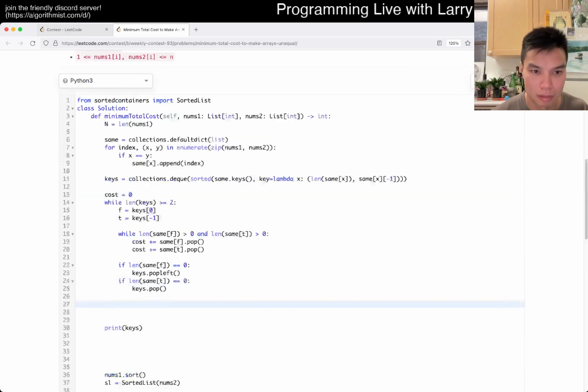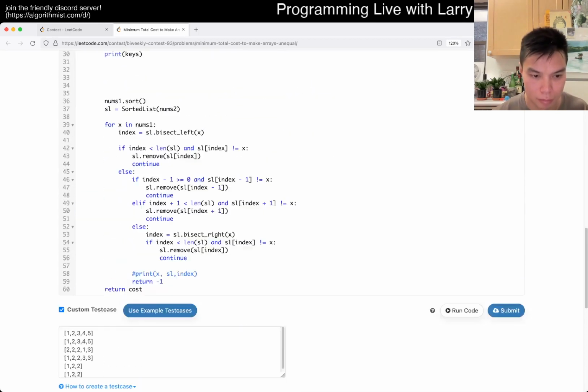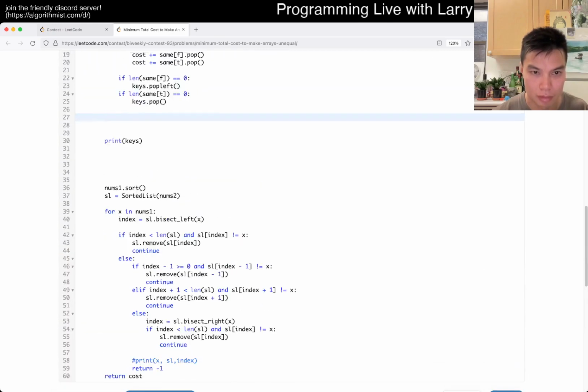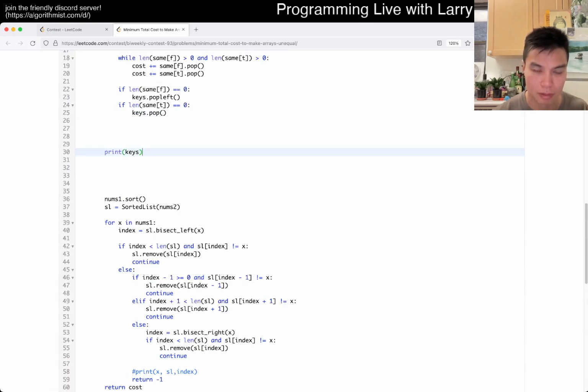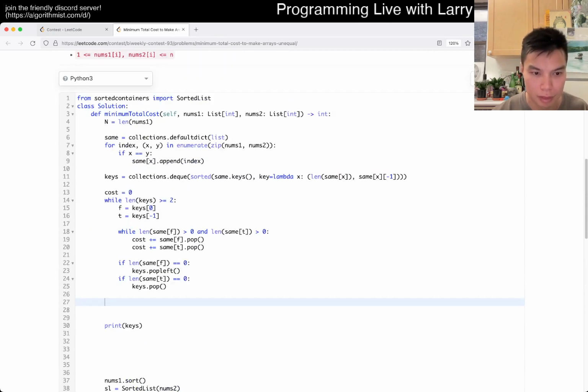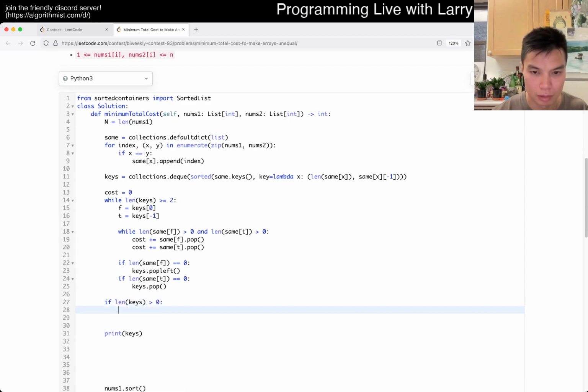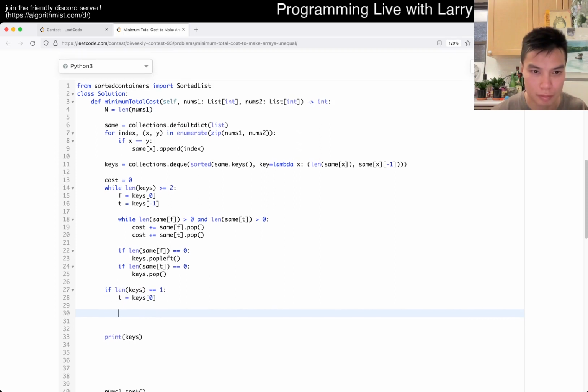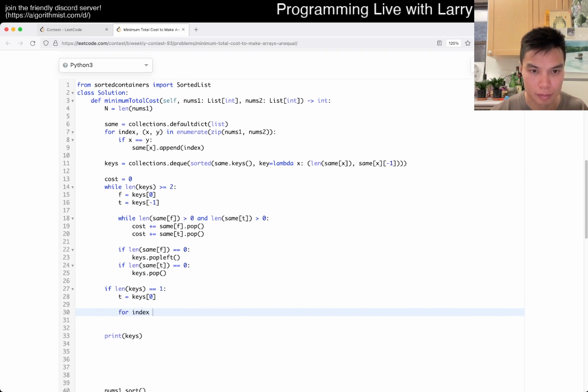And then now... We're gonna... The length of keys is greater than 0, so that means if it's 0 to 1. T, then cross.